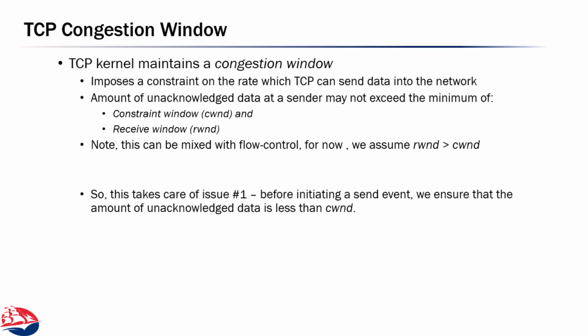What this is going to do is impose a self-imposed constraint on the rate at which TCP sends data out over the network. The rule is that the amount of unacknowledged data at the sender cannot exceed the minimum of either the receive window from the TCP header, that's the remote guy's window, or my local understanding of the congestion window.